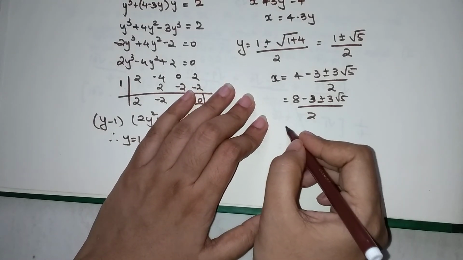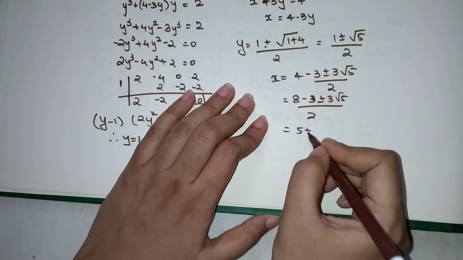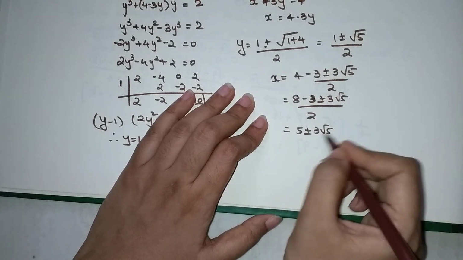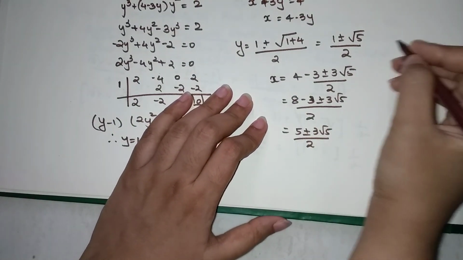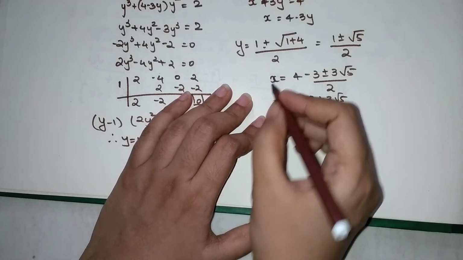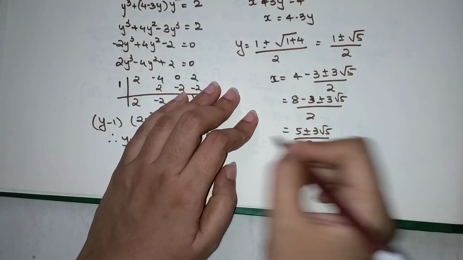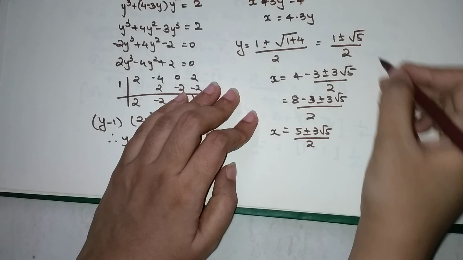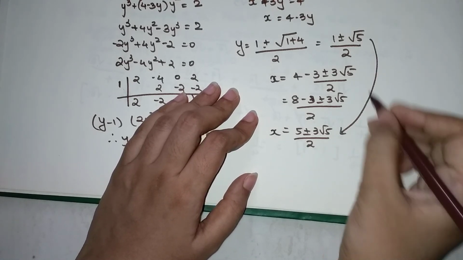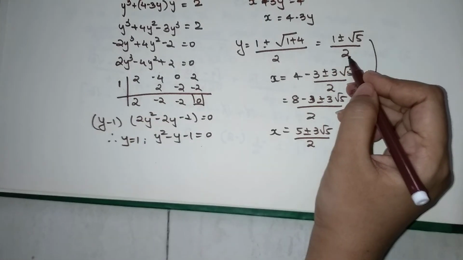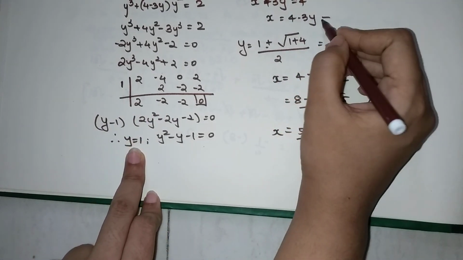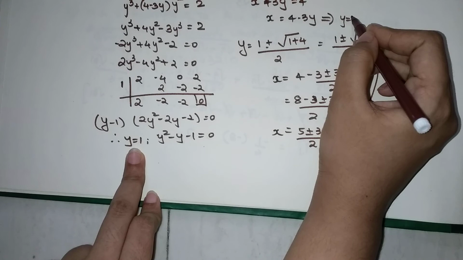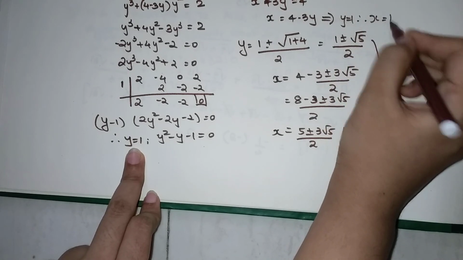So that gets you (5 plus minus 3 root 5) upon 2. So basically here you're getting values of x as this, for y being (1 plus minus root 5) upon 2. But what happens for the value of y as 1? When the value of y is 1, x is also 1.